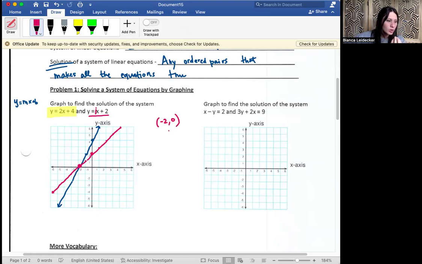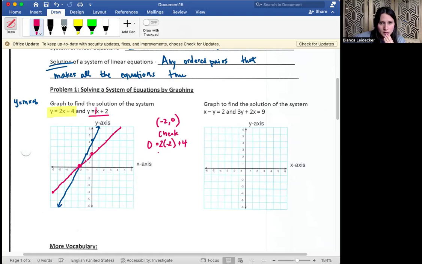This is what we call a solution of the system. And so if I were to replace -2 for the x and 0 for the y in both equations, I would come out with a true statement. So let's check. For my first equation, I'm going to write this as 0 equals 2 times -2 plus 4.